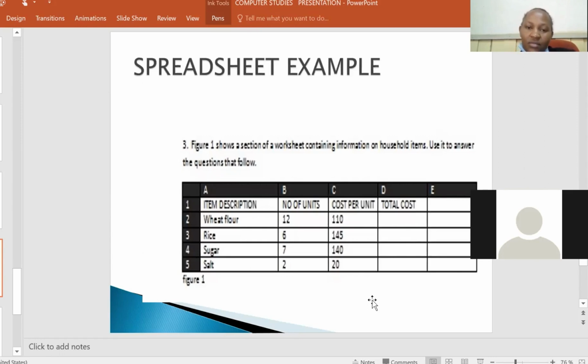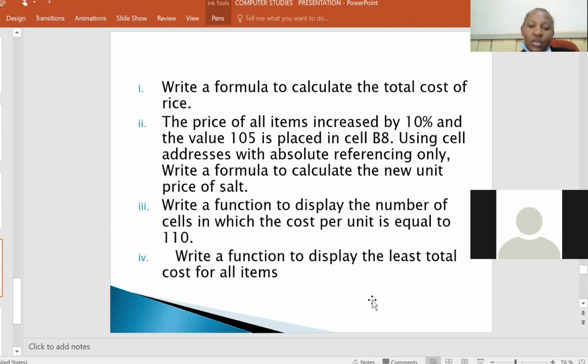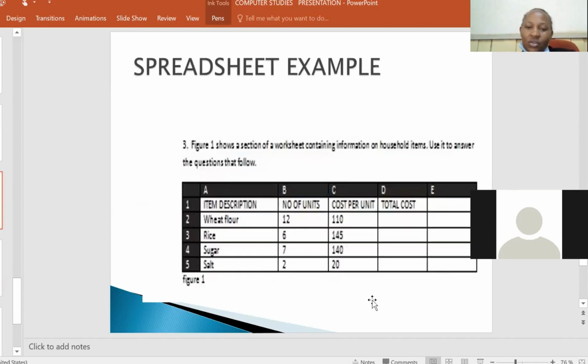Then the question is: write a formula to calculate the total cost of rice. When you study your table, you can see that rice is in row 3. Row 3 has the label rice. Then the number of units for rice is 6, and the cost per unit is 145.